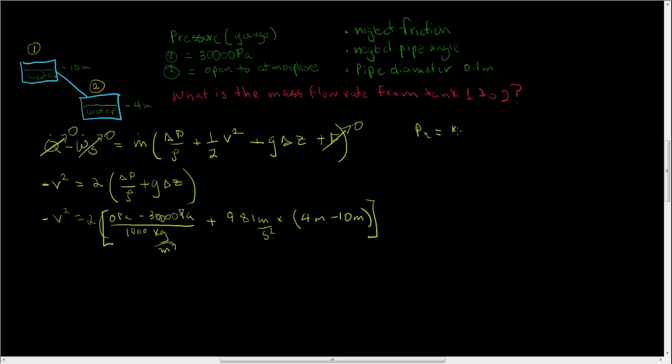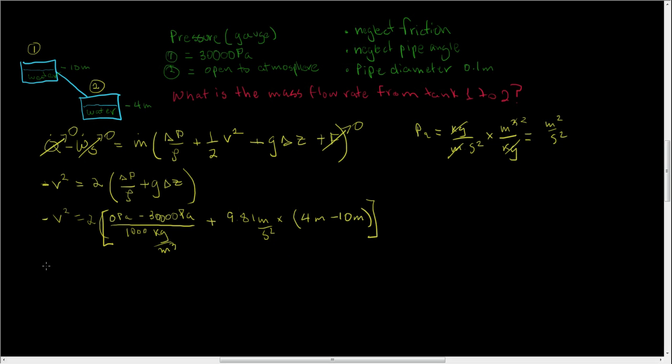A pascal is equal to kilograms per meter second squared, and dividing by kilograms per cubic meter is just multiplying by the reciprocal, which gives cubic meters over kilograms. The kilograms go away and a meter goes away, so you end up with just meters squared per second squared, and this is the same unit as down here, so you are doing it right up to this point.